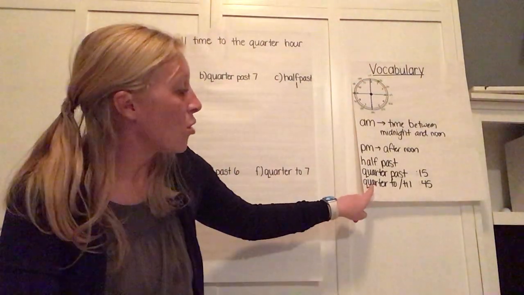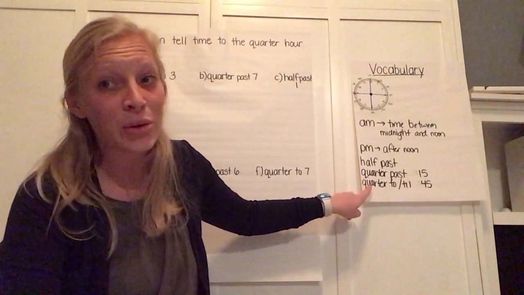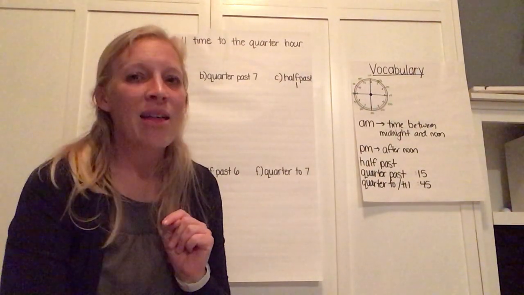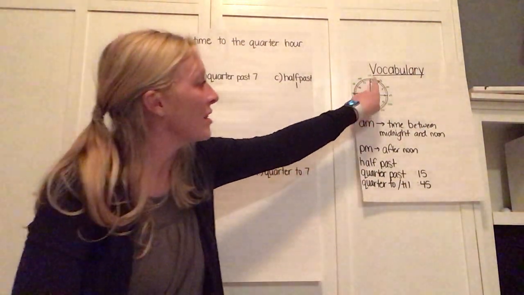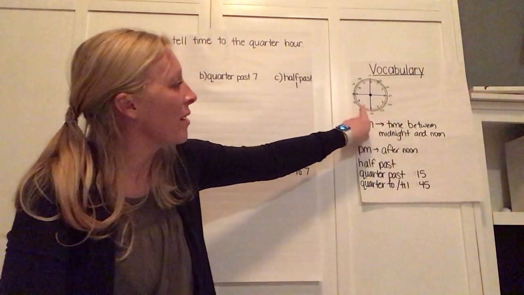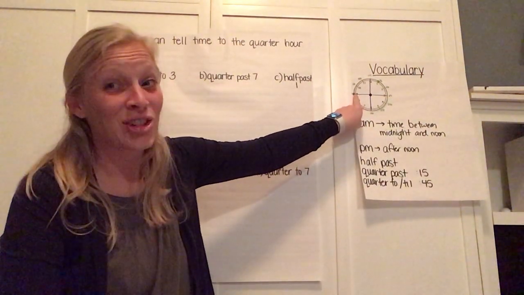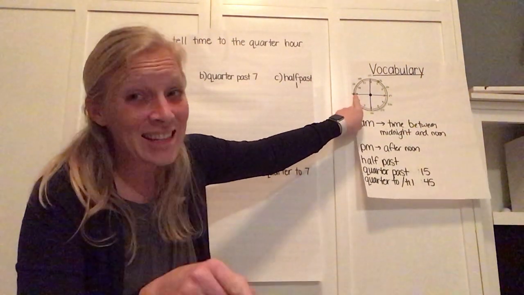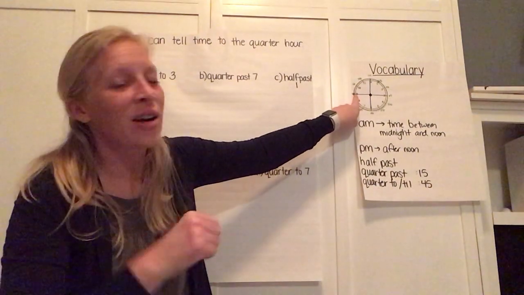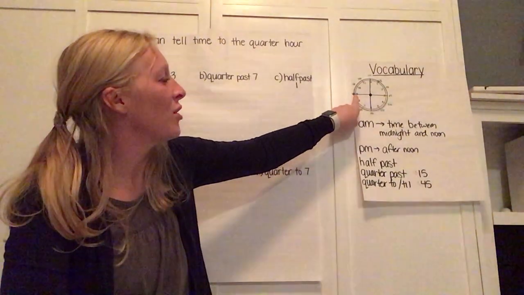Lastly, we've talked about quarter till or quarter to. And that means that your minutes have gone almost all the way around your clock, and you're actually closer to the next hour than you are the hour that you have in your time.